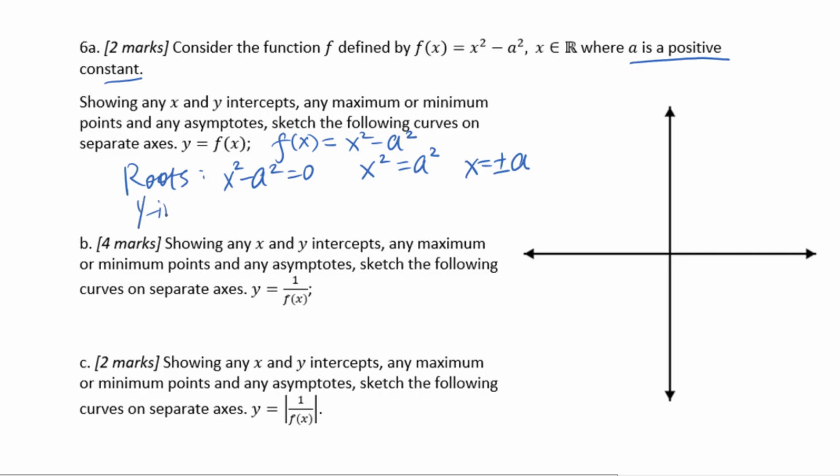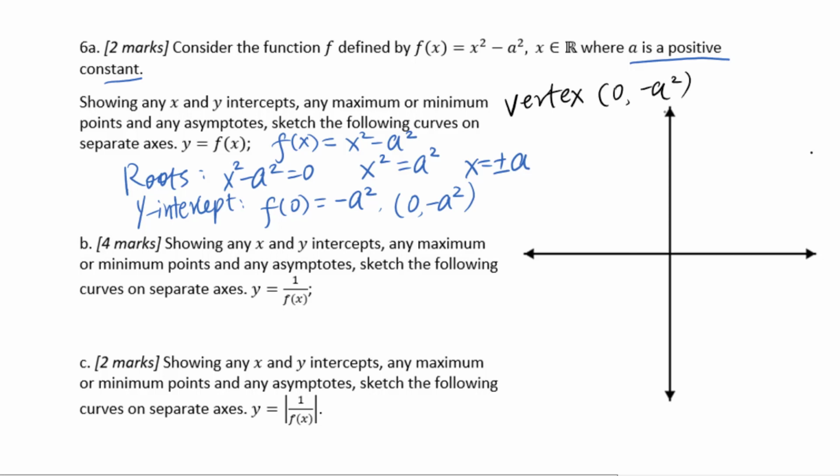For the intercept, f of 0 equals negative a squared. So (0, negative a squared) is the intercept. Since x squared minus a squared is an even function, reflect across the y-axis, and the vertex is (0, negative a squared). The intercept is the minimum point because the graph will open up.